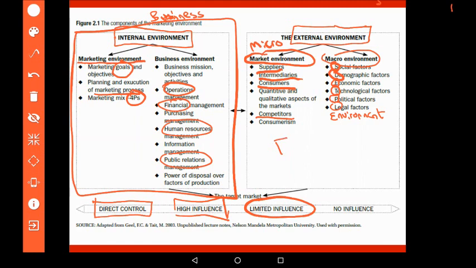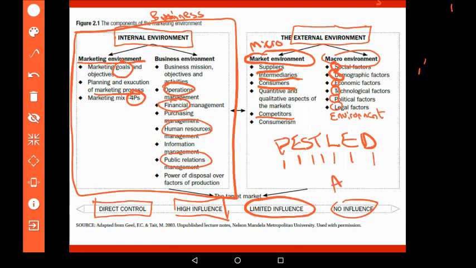Political, economic, social, technological, legal, environmental, demographic. Remember that. Over those factors, we have absolutely no influence.